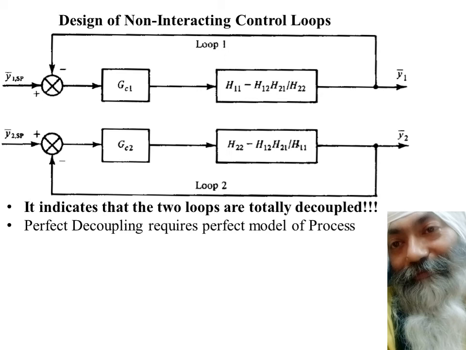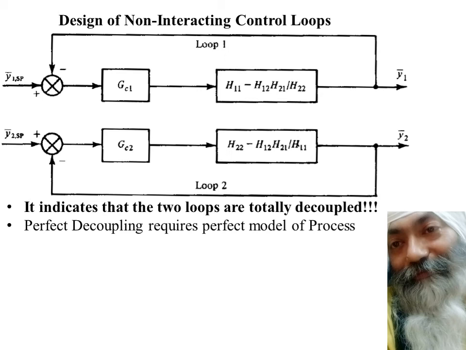And in case we do not know these things properly, the decoupling will also not be total. You will have partial decoupling, but not total decoupling. Total decoupling means the relative gain becomes 1. Partial decoupling means the relative gain is 0.8 or 0.85. It has improved from 0.6, it has become 0.85, but it is still not equal to 1.